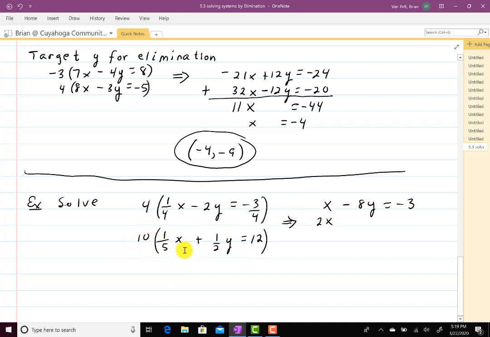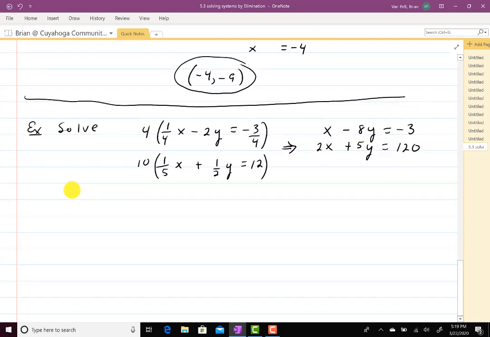Then when I do 10 times 1/2 y, it will give me a 5y. And the other side, 10 times 12 will be 120. So these are the two equations that I'm going to work with instead of the ones I was given. So once again, we'll first start by targeting x for elimination.